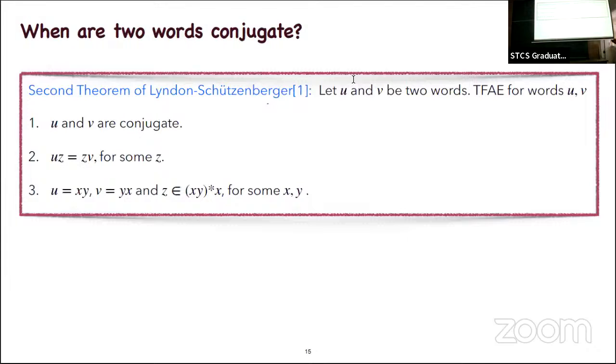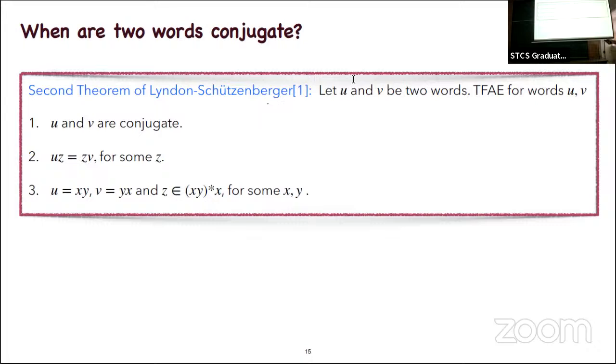Now if I plug an x to the right of u and an x to the left of v, they will be identical: both become xyx. So ux is the same as xv.